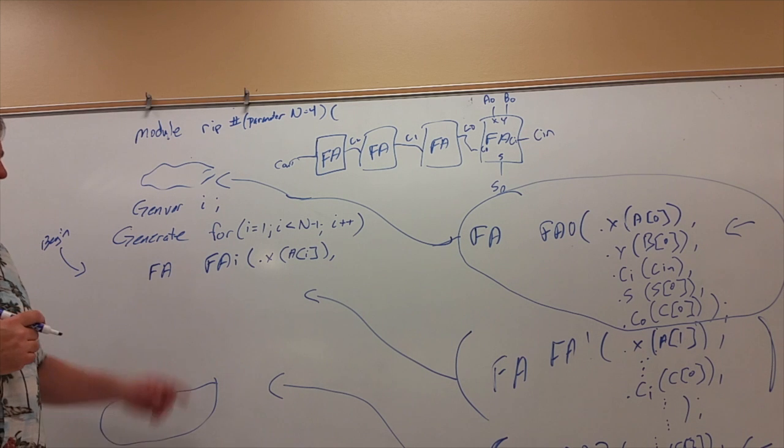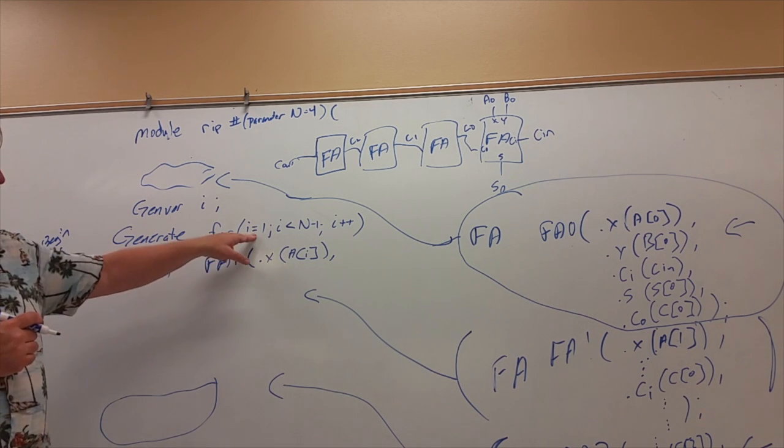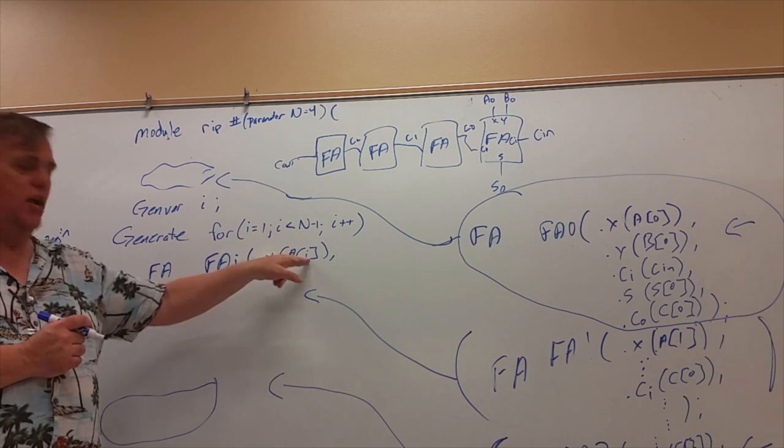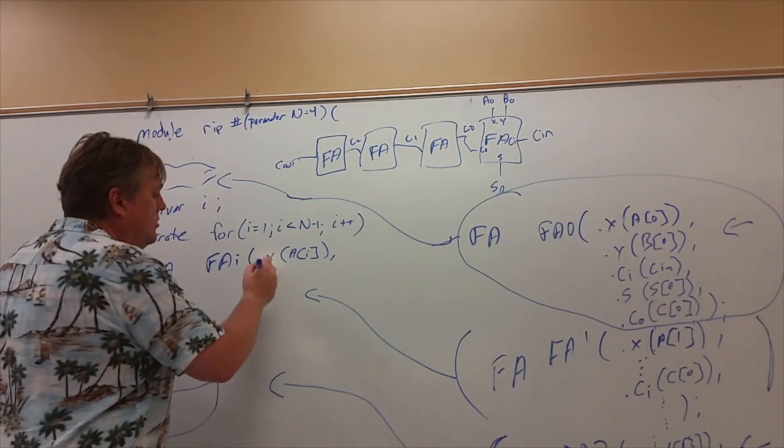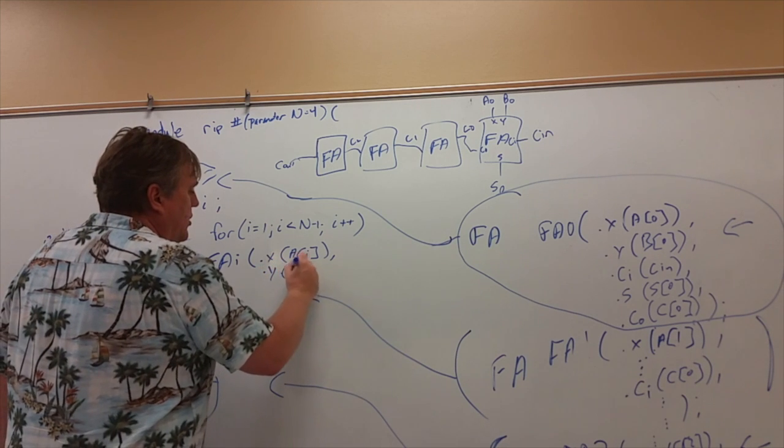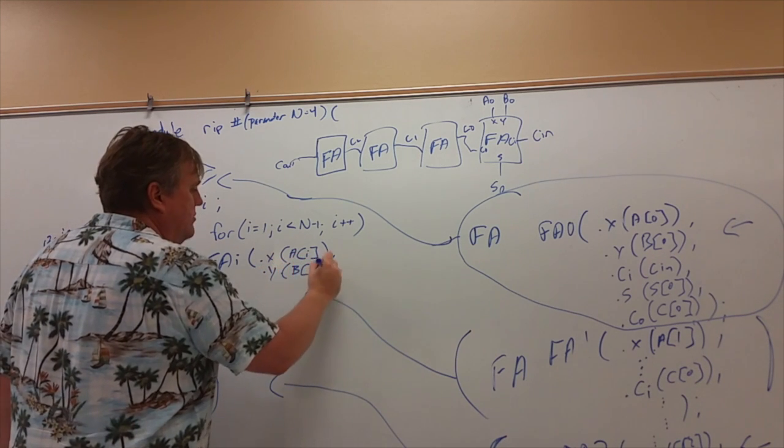Identical to my number. So for this one, when I is equal to 1, it'll take from A1, which is exactly what I wanted. Y will take from BI.